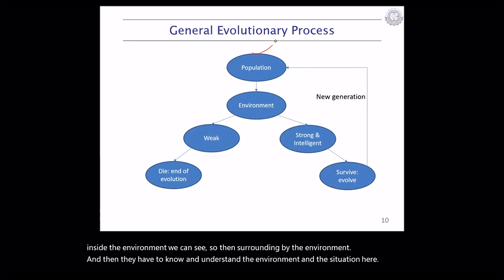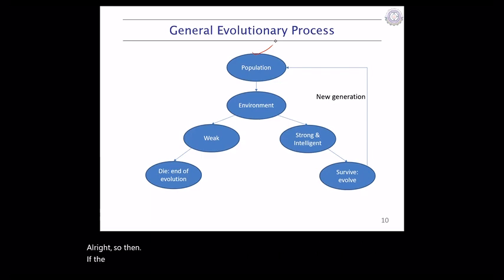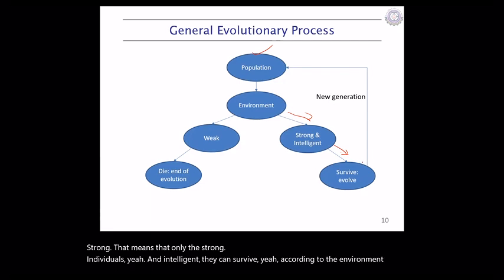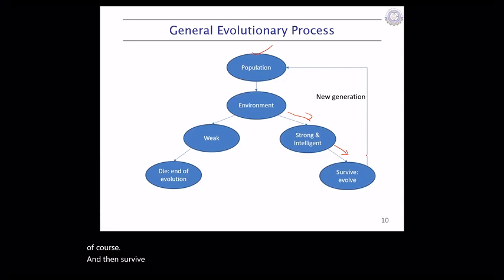If the population's response to the environment is strong and intelligent, then it will survive. That means only the strong and intelligent individuals can survive according to the environment and situation, and then they will evolve and result in the new generation.